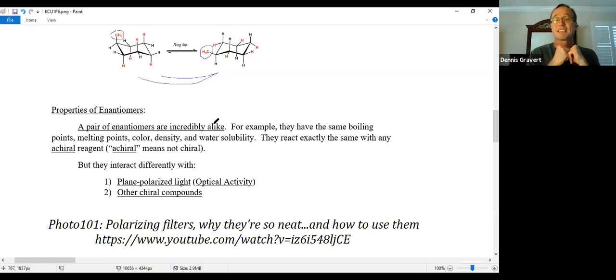Molecules react the same way, as long as both objects are chiral. So in the lab, there's two ways. Light can be chiral. We call it plane polarized light. And this brings us to the other term for enantiomers, optical isomers, because one enantiomer will interact with light differently from the other enantiomer.